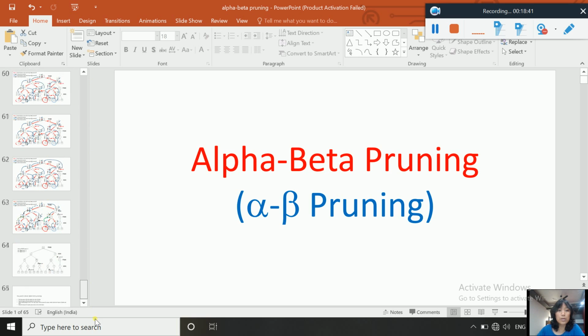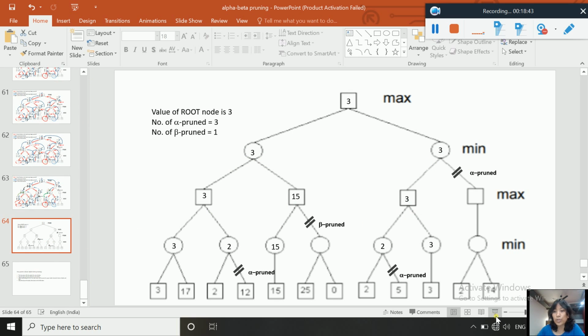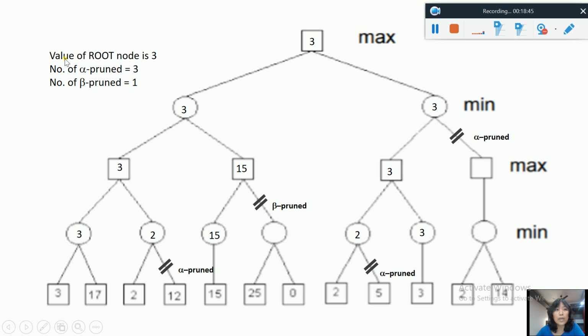We got the answer: there are 3 alpha pruned and 1 beta pruned. 3 alpha pruned, 1, 2 and 3, and 1 beta pruned, and the value of the root node is 3 by using alpha beta pruning.